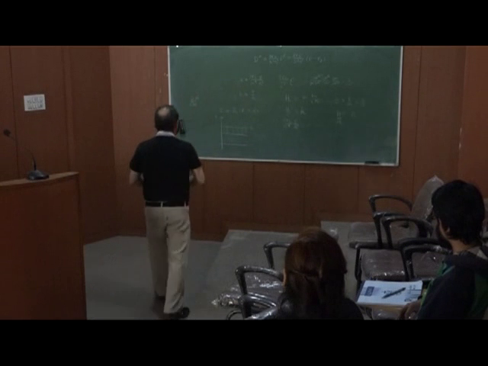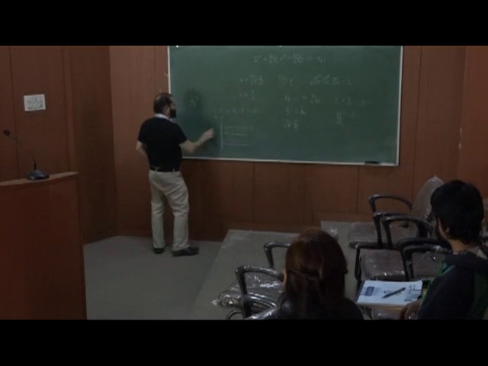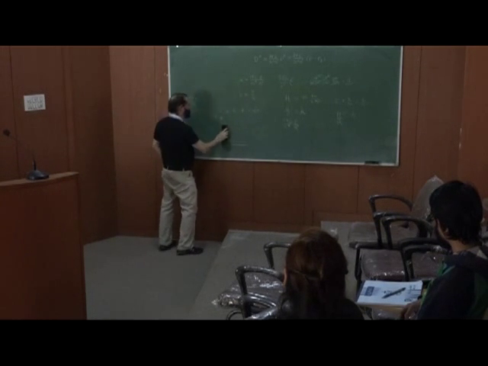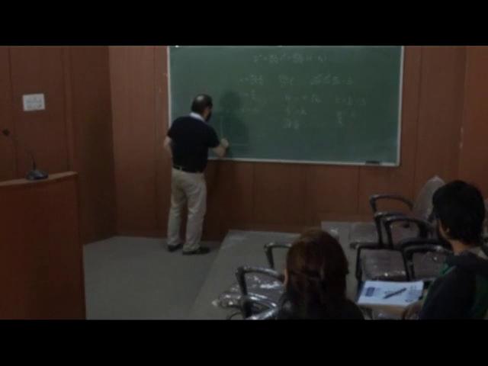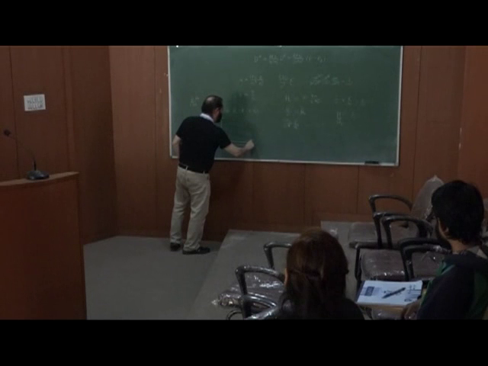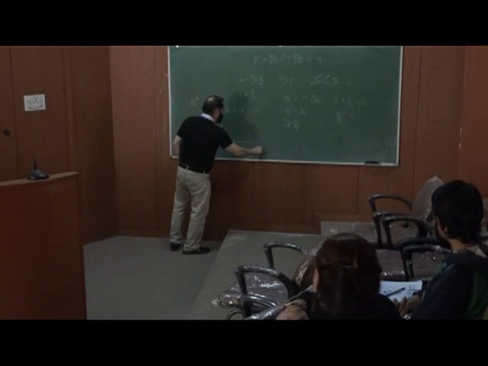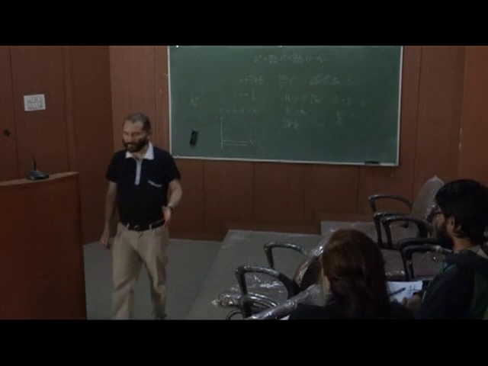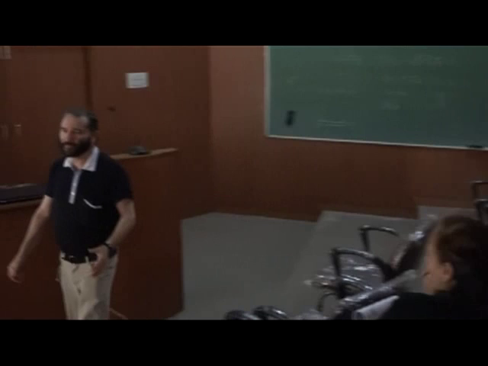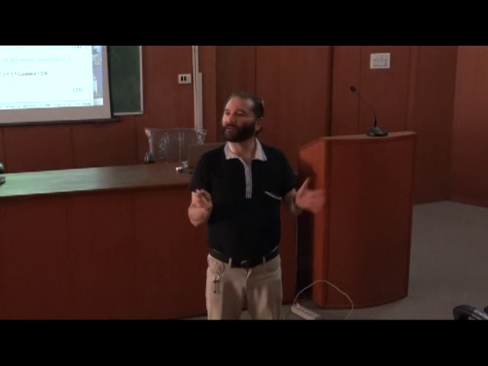Another possibility is that instead of considering t0 to be today's time, we can assume that t0 is, for example, the time of the last scattering surface. What is the last scattering surface? This is a cosmic time where matter, visible matter, baryons and photons, stop interacting.